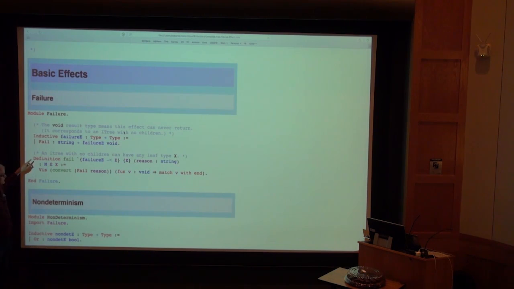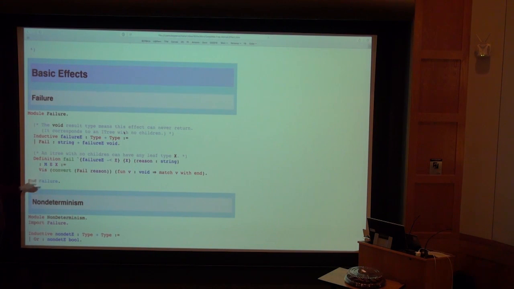And then we can wrap this Fail with a capital F inside of a function fail with a lowercase f that returns an M E X for any type X. Which wraps it in the following way.